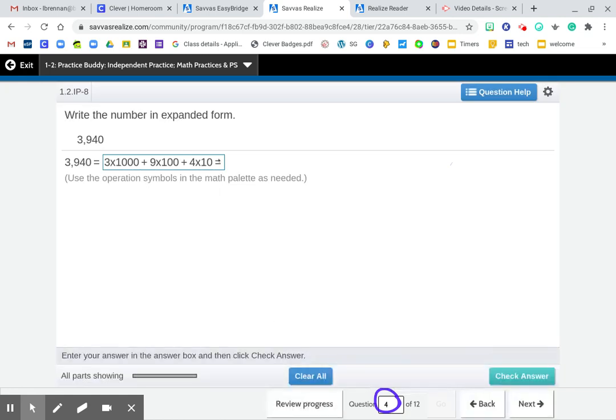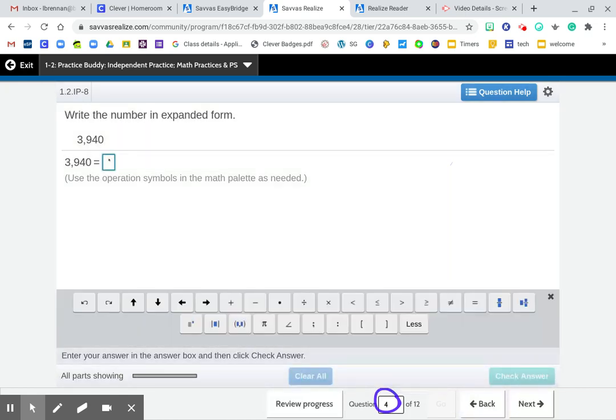So let me try that again. So I was using the X. So 3, where's the tool? There it is, times. So it was giving me a hint there that you did something wrong. I used the wrong X. 3 times 1,000 plus 9 times 100 plus 4 times 10.